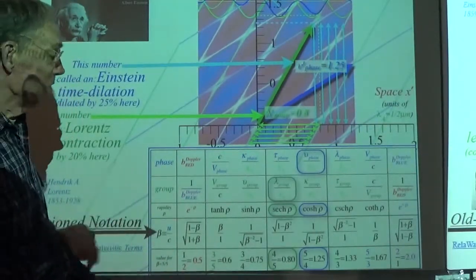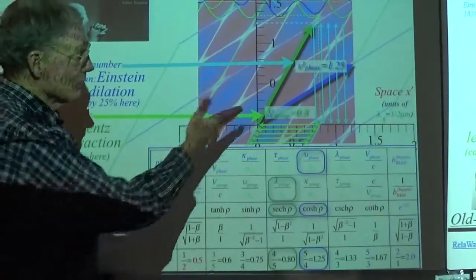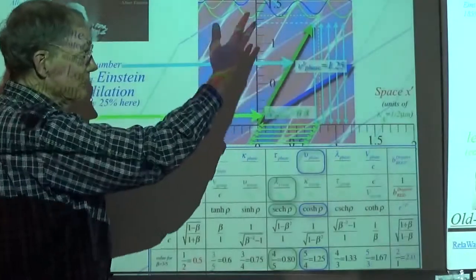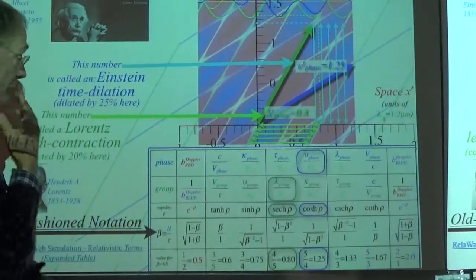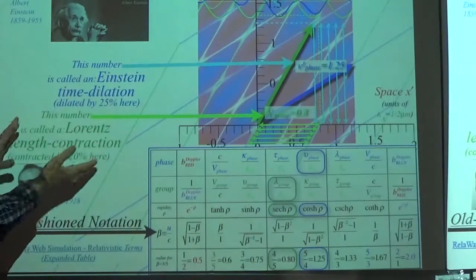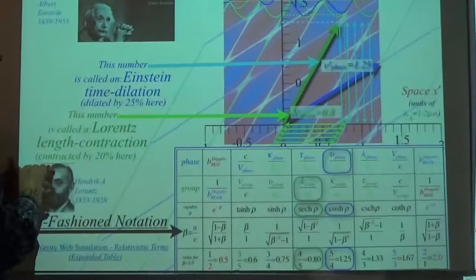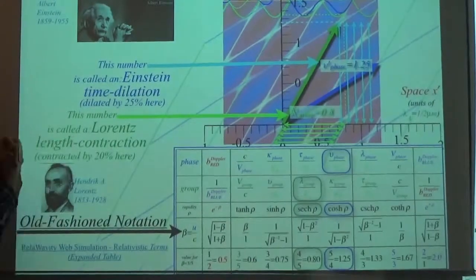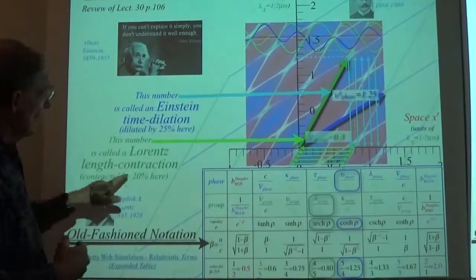So we're going to look at another speed, 4/5, as we go through a review of the geometry of this coordinate system. Now the one that's being pointed out here, I would say perhaps this one is first, that's the most famous, but this is the next most famous, and that is the length contraction here by 20%.